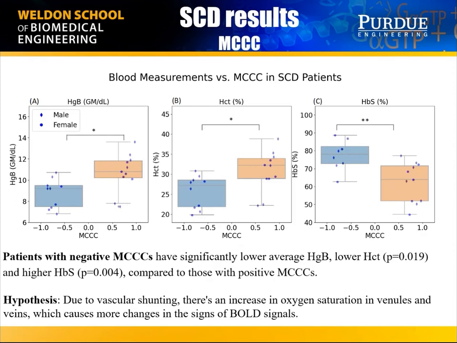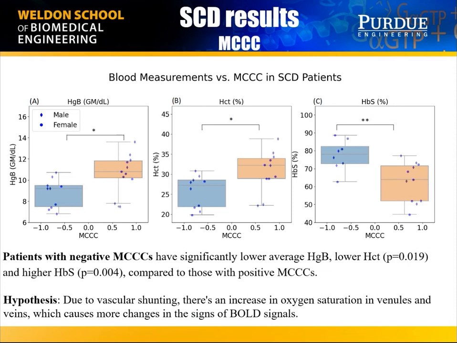What makes them different? Here, what I did is plot for all the sickle cell patients their blood measures in terms of hemoglobin level, hematocrit, and sickle hemoglobin, right? So you can see I plot their blood measures versus their MCCC value.